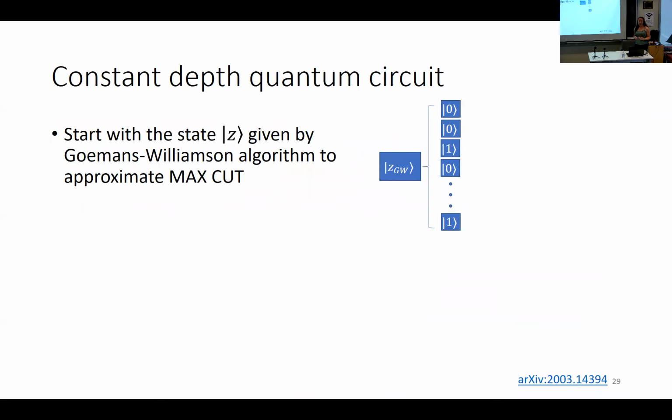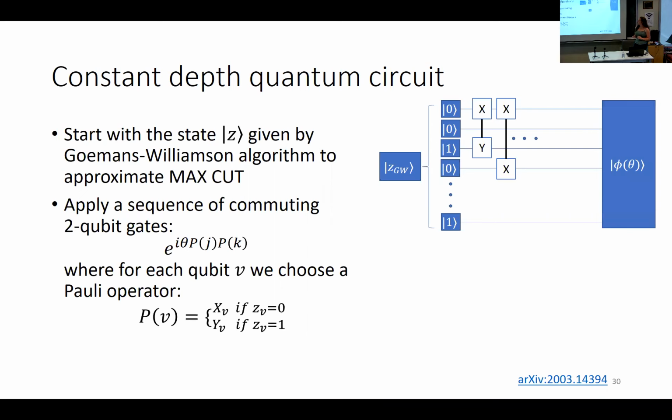So we're going to start with the state from the max cut algorithm. So remember, I talked about this approximation for the max cut problem, which is an efficient algorithm to produce a bit string that's a pure product state. Okay, so we're going to take that state, and then we're going to apply this funny gate set to it.